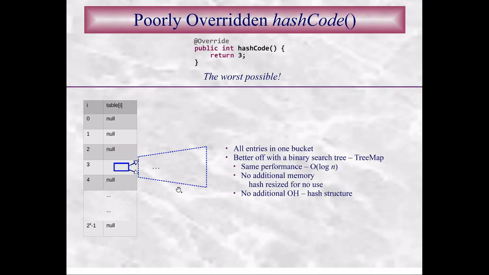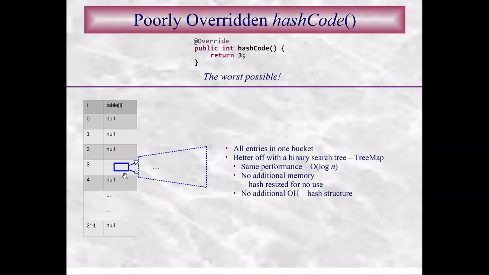It is worse than a tree structure because you're also burning a lot of memory space for nothing. Because what HashMap does is every time its size hits a certain threshold, we'll talk about these next, it increases its size, the length of this table. It doubles it up.